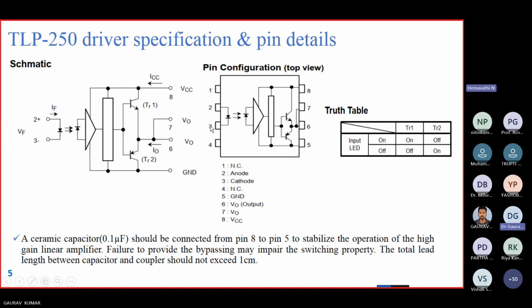And here when we provide the microcontroller pulse, then the LED is turned on. When the LED is turned on, it generates some infrared signal, and that infrared signal is detected by the photo detector, the photo sensor, which is present here.